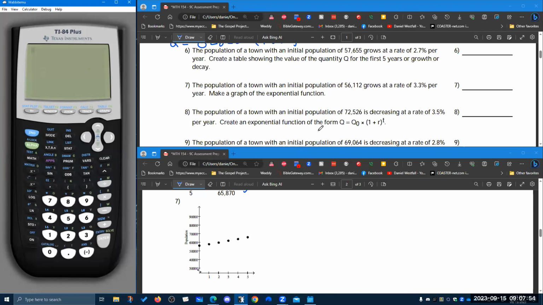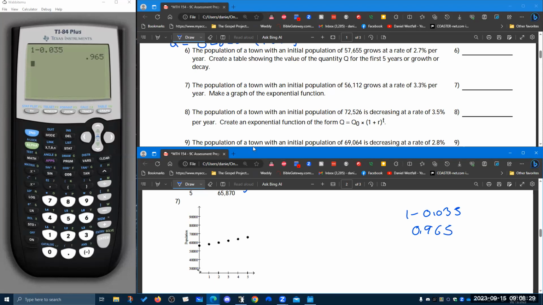Population of a town with an initial population of 72,526 is decreasing at a rate of 3.5% per year. So 1 minus 3.5% is a rate of, we're keeping 96.5% of the population each time.